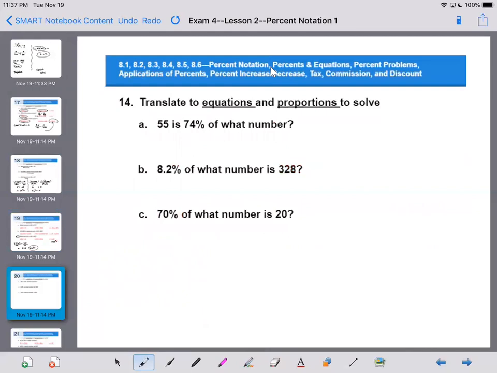On 14A, I know that 55 is equal to 74% of something. So now I don't know what the total is, but I know that 55 out of something is equal to 74%. Translate that: that means you got 55 points out of a test, and you got a 74% on it.